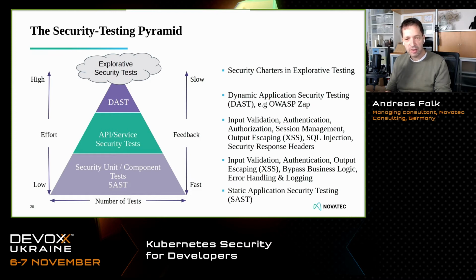On the top level, you can run dynamic application security testing, like using the OWASP ZAP tool, which is an open source penetration testing tool that also provides Docker containers. Here we also use Docker containers. With the Docker containers provided here, you could easily do some baseline scanning, which is quite fast.